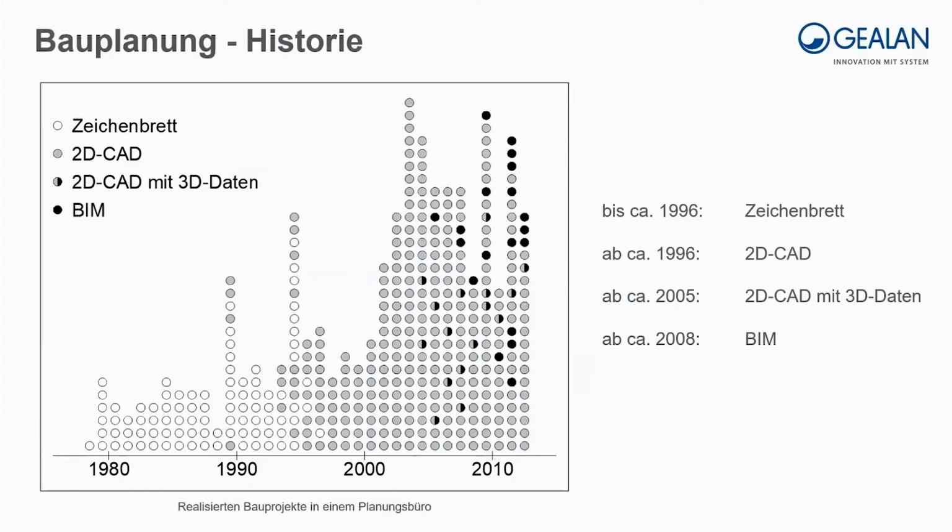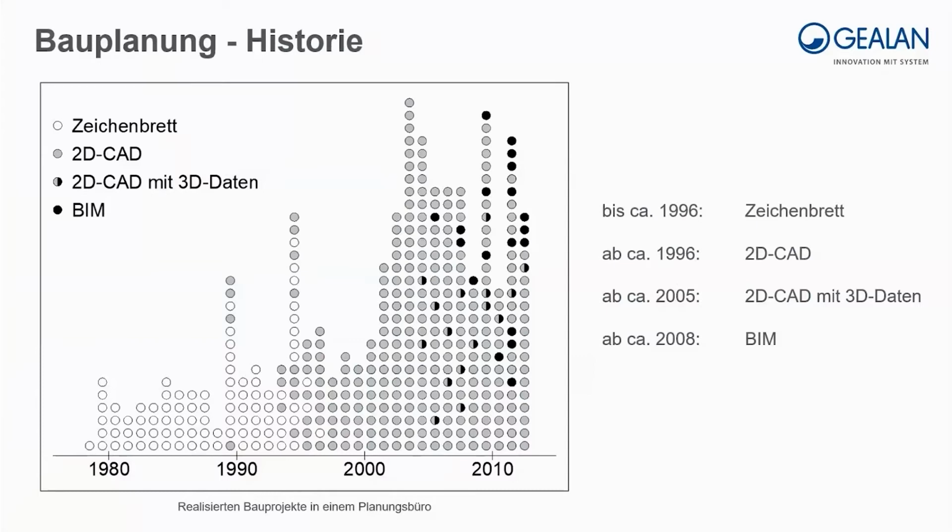And the smaller planning offices which use this planning method are growing every day. So this chart shows how an older technology, the drawing board, was replaced completely by a modern, digitalized way.